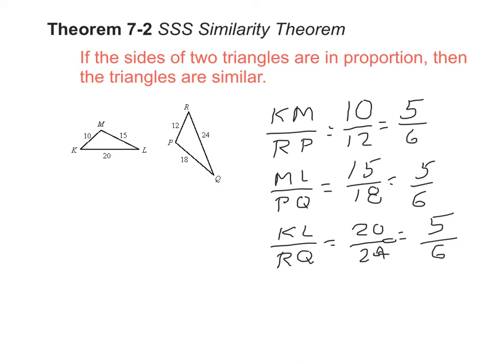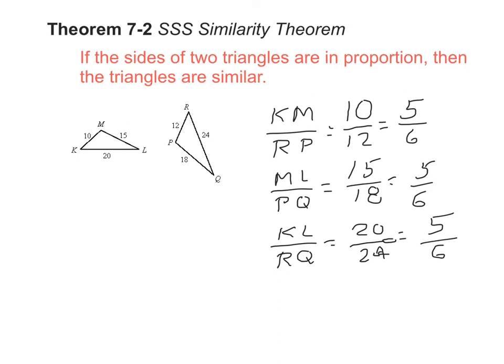Now, I would like you to consider two triangles, ABC and XYZ. The measures of the sides of triangle ABC are 4, 5, and 7. And the measures of the sides of triangle XYZ are 16, 20, and 28. I want to know, are the two triangles similar?